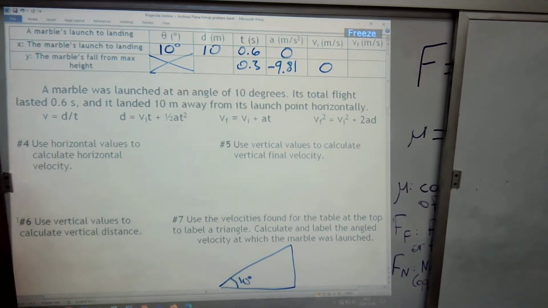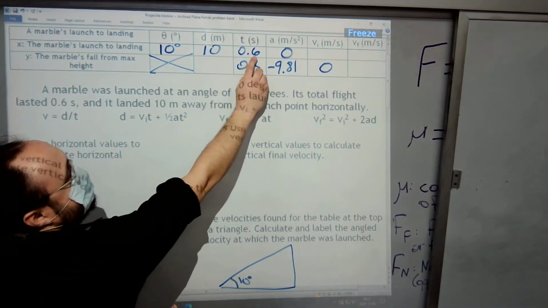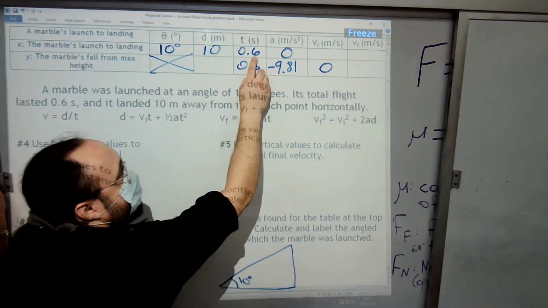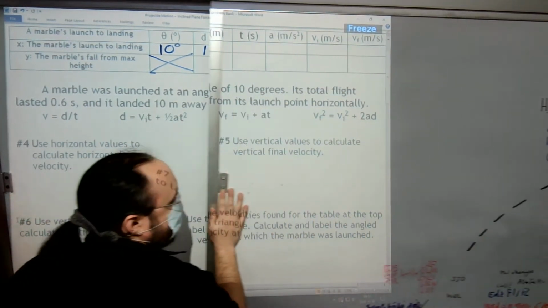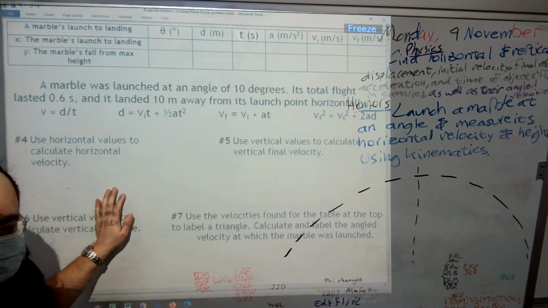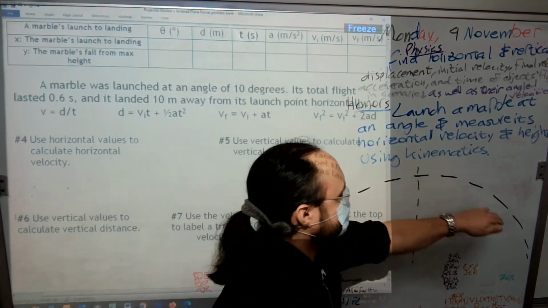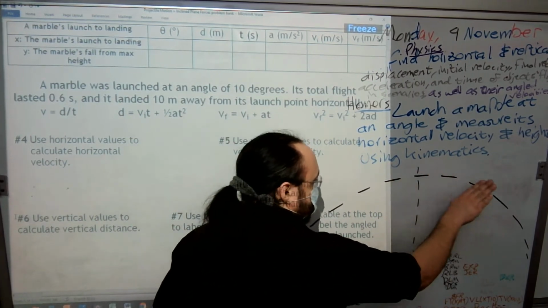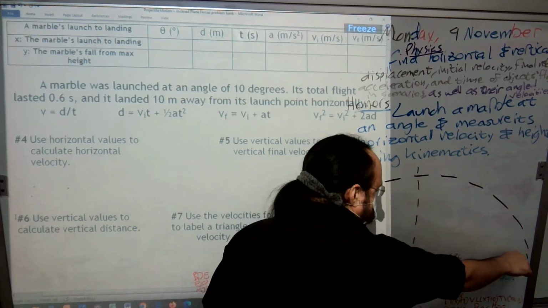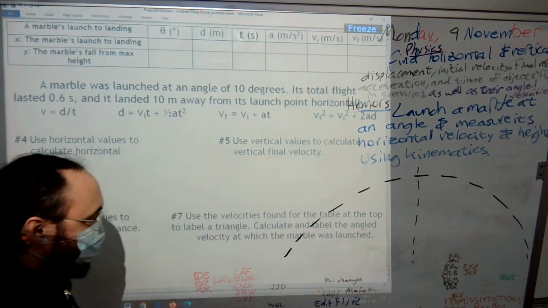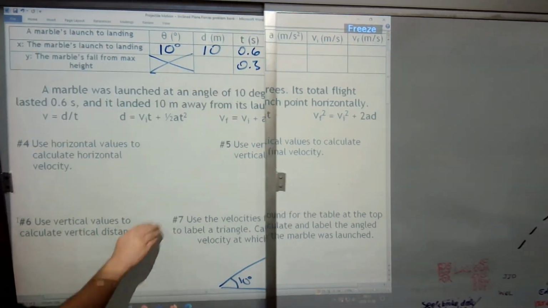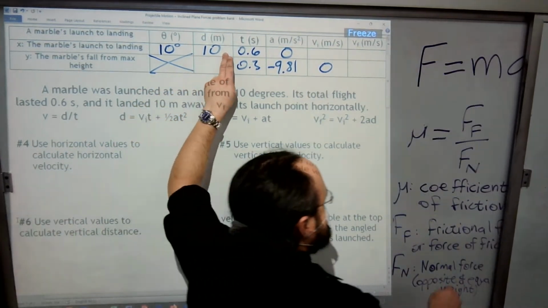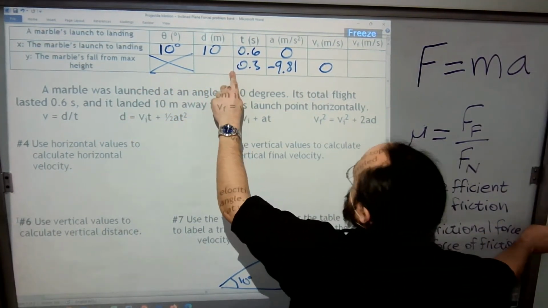If its total time was 0.6 seconds, that's why I put the 0.6 right there. If this total thing lasted 0.6 seconds, then just the vertical fall part of it is 0.3 seconds. And that's why I've got 0.6 seconds there and 0.3 seconds there.